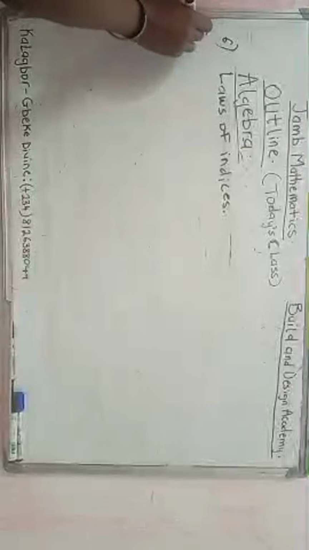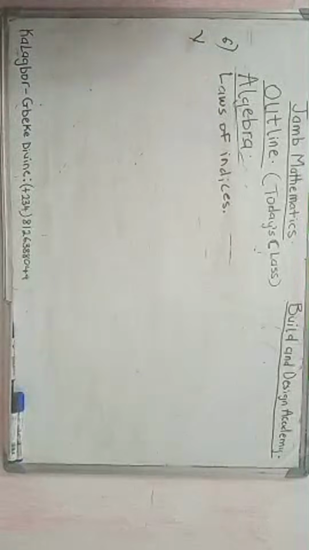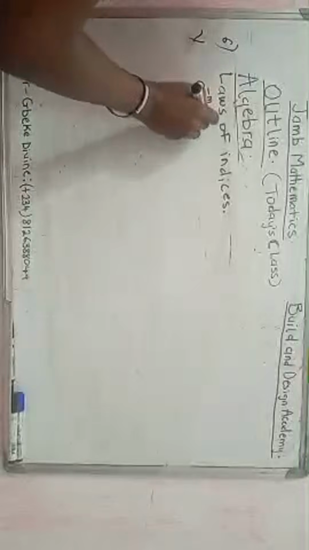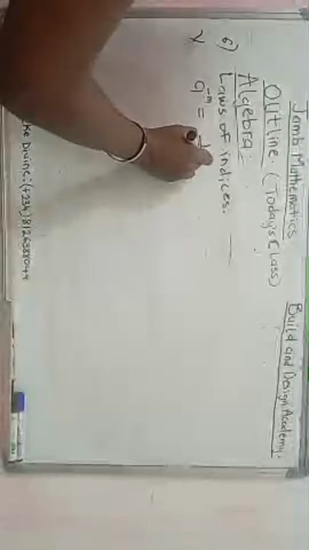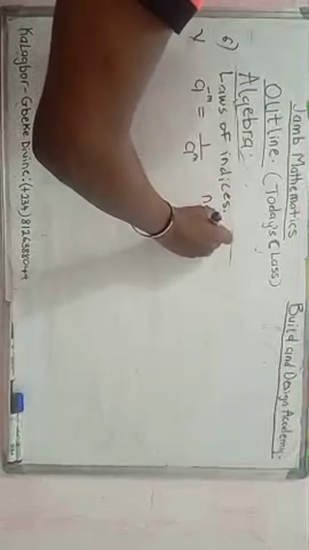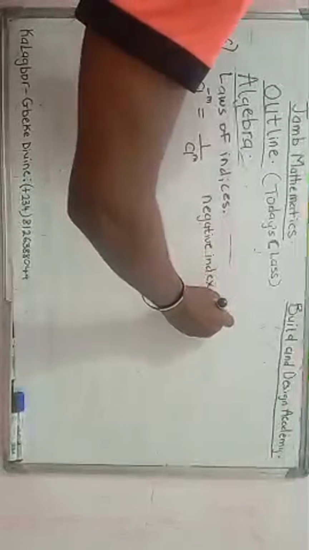So we have the fifth law. Now, let's look at the negative index law first. A raised to the power minus n gives us 1 over A raised to the power n. This is what they call the negative index law.